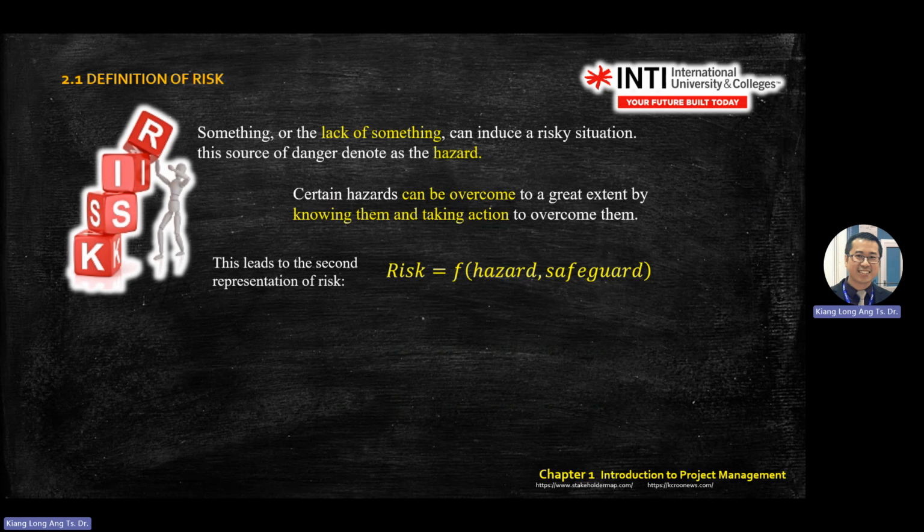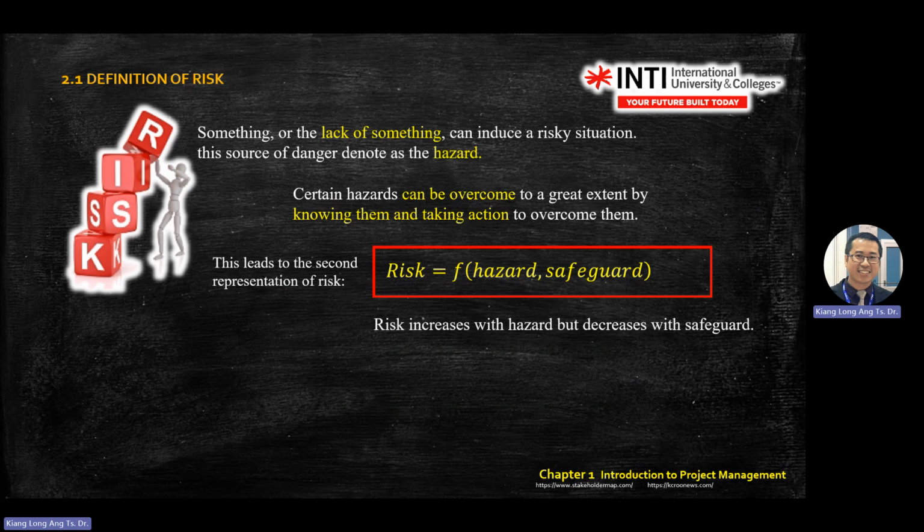What do you think? If you increase your safeguard, what happens to the hazard? Hazard goes up or goes down? You increase safeguard, hazard goes down. I mean, very simple logic.